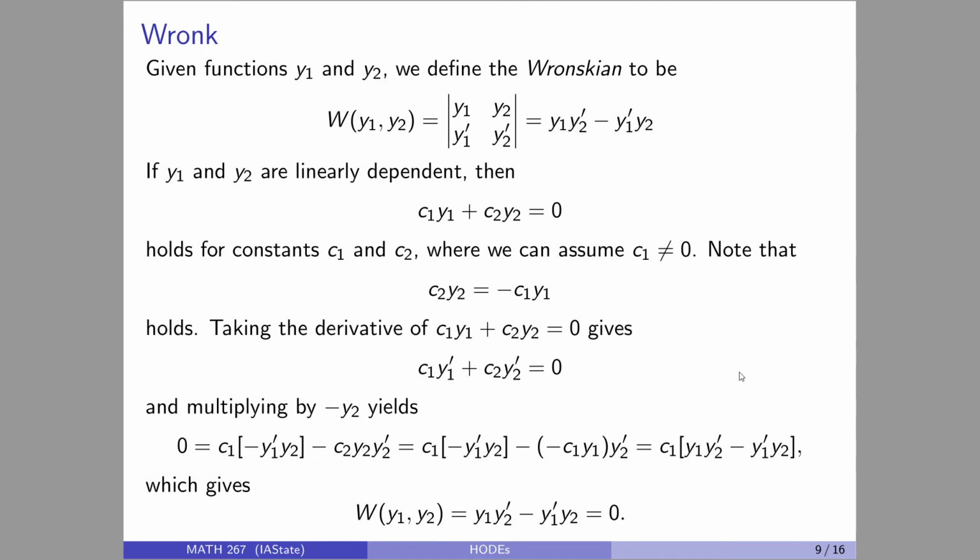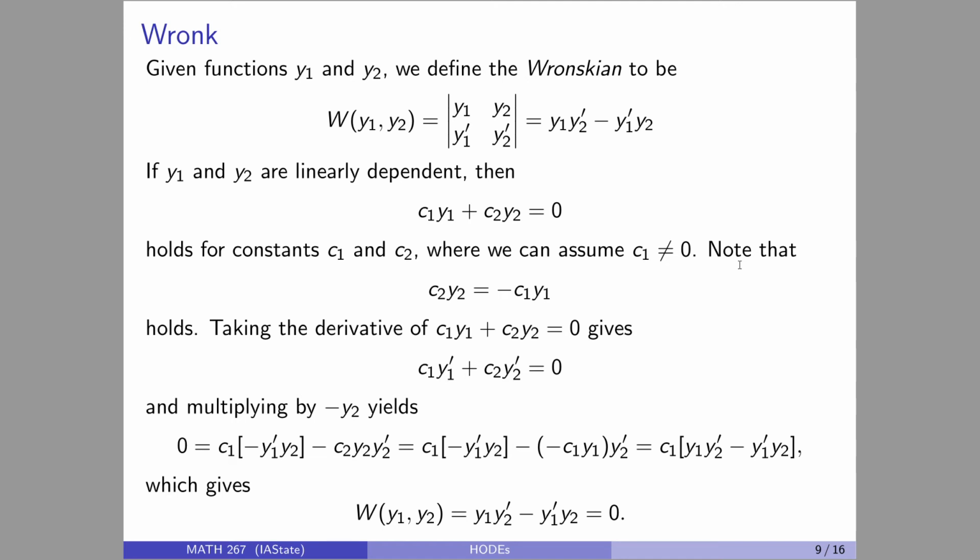So, if I take my functions, take their Wronskian, and I get something other than 0, then we know that we cannot be dependent, because dependent means that the Wronskian is 0. So, if the Wronskian is non-zero, we had to have been independent. Beautiful.